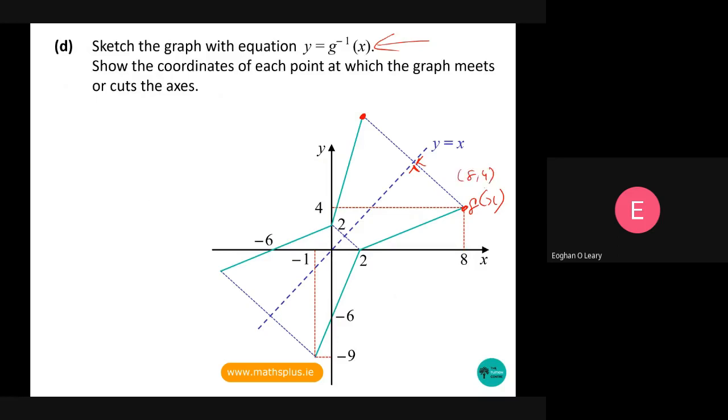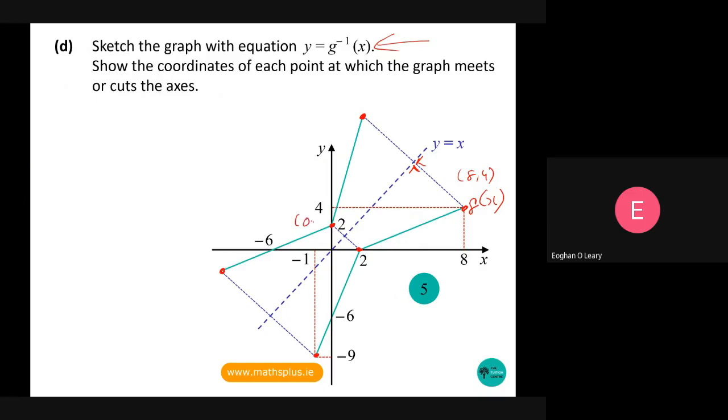Now I do that for my 3 important points on the graph, and I have the shape of my inverse. Now I ask myself, where is this going to cut through the x-axis? Show the coordinates. Do I need to know that? Well, I do need to know it here.